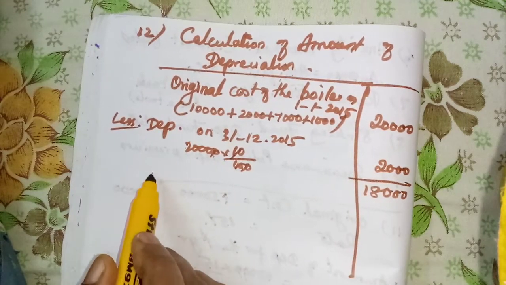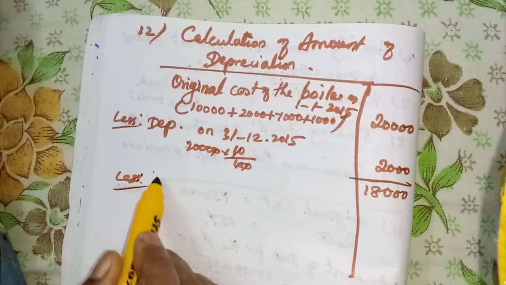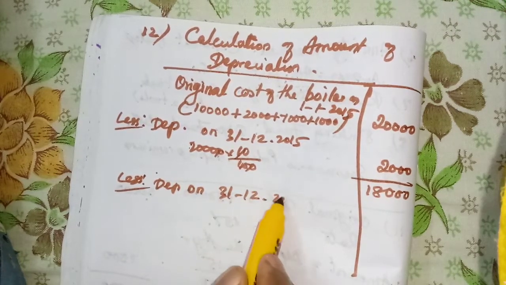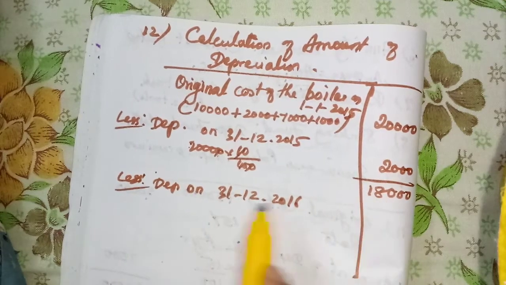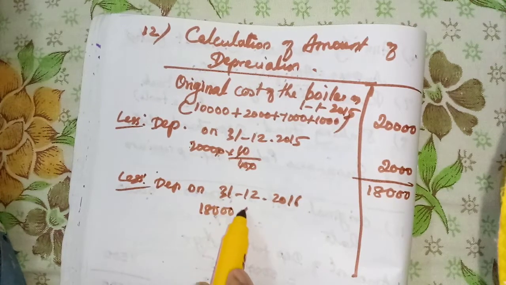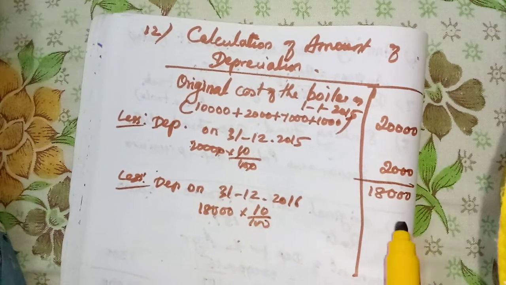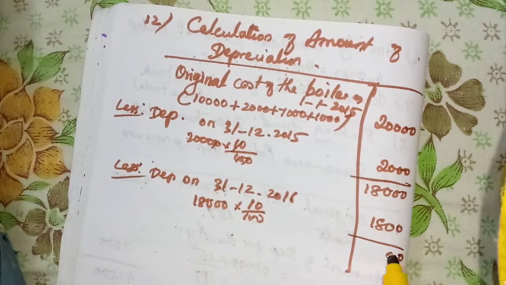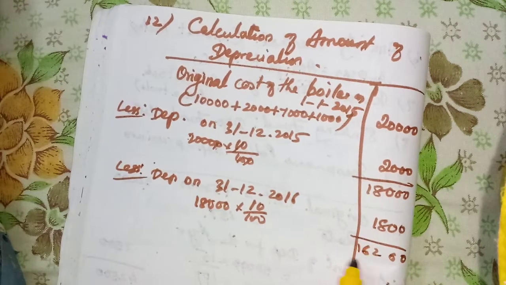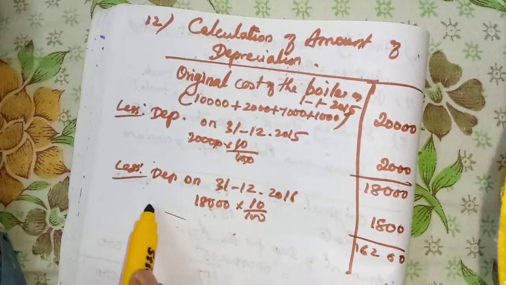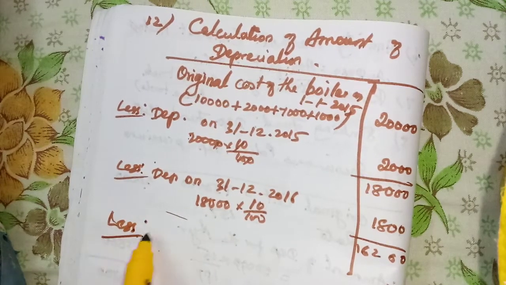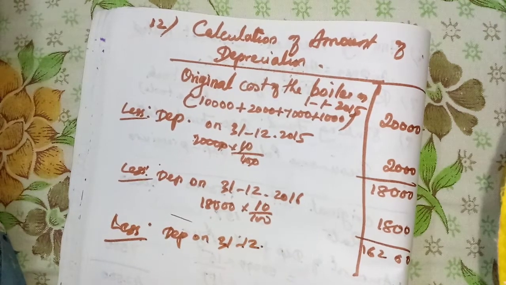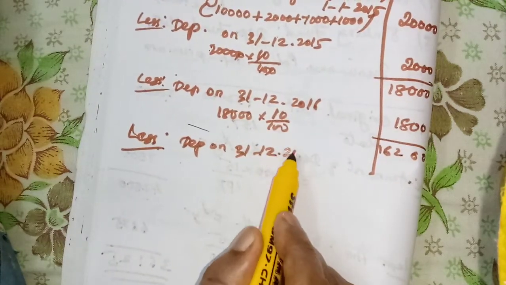So second year depreciation. Okay. On 31/12/2016, from this 18,000 we need to calculate. So 1,800. 16,200. From this we need to calculate depreciation for the third year, 2017.